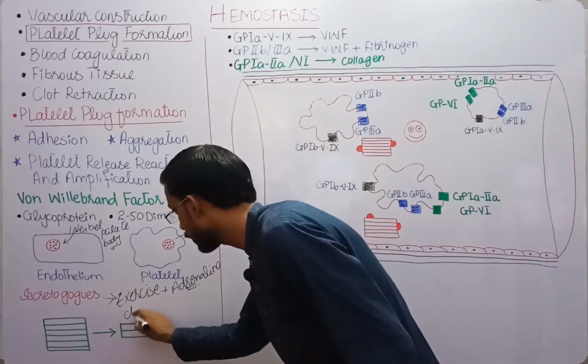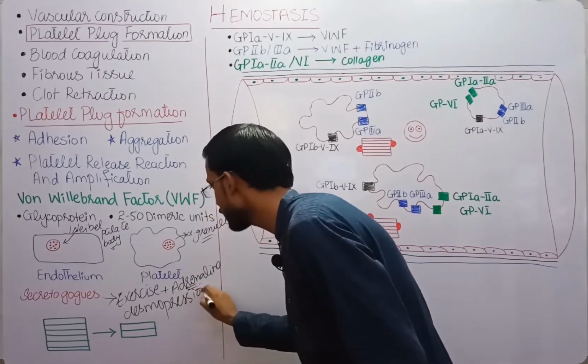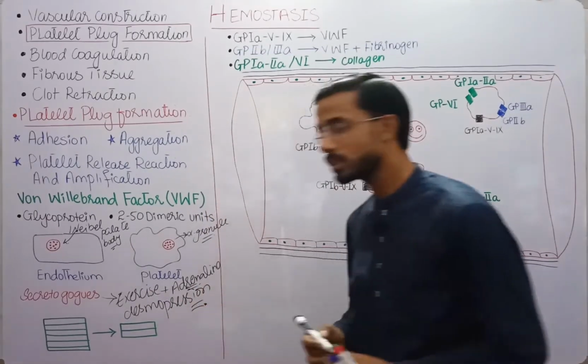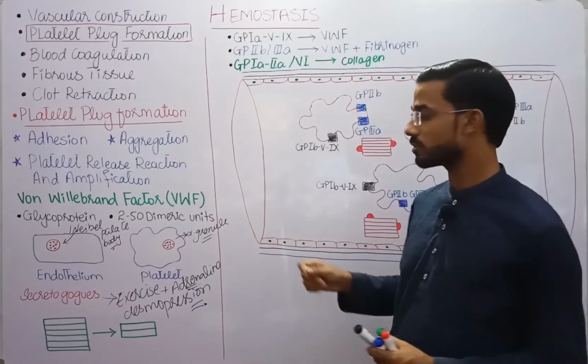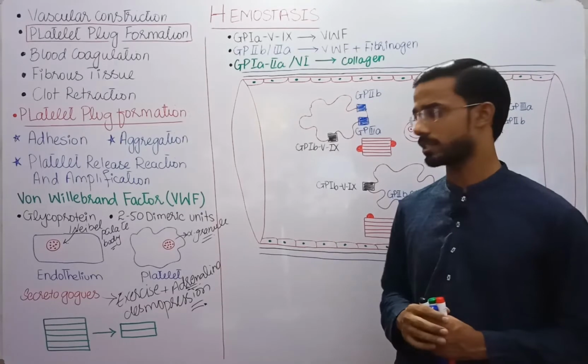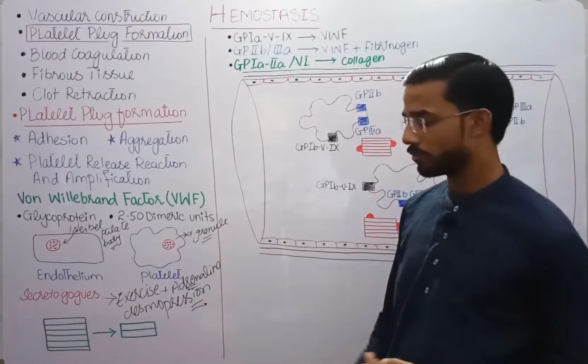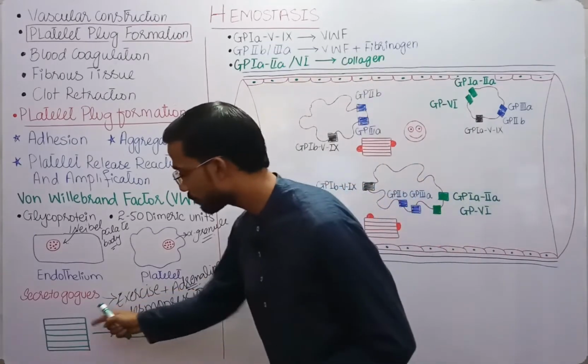Desmopressin is actually a drug which is used for the treatment of hemophilia A or von Willebrand factor diseases, right?